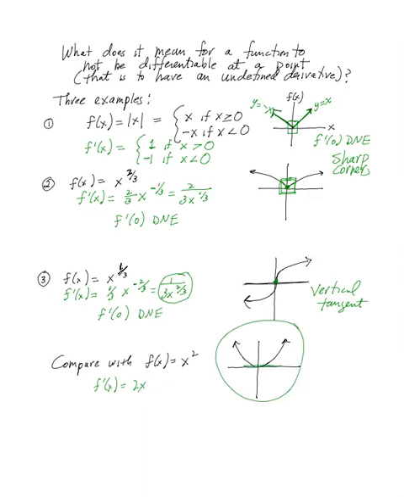Particularly, there's one at 0, 0, right? It's a horizontal tangent line. Notice if I zoomed in on this graph at 0, 0, into a very small window, this graph would look horizontal. If I put in 0 into the derivative, I get 0. Slope of a horizontal line is 0.